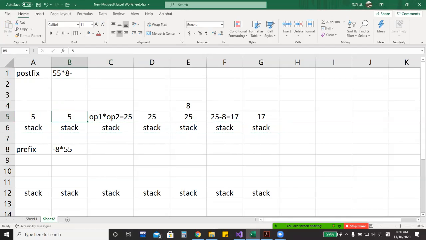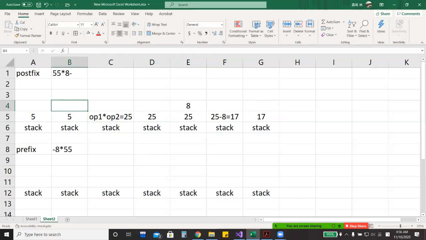Then we take the second top value as OP2. So right now OP1 and OP2 are both 5, and then they do the calculation with the operator, which is multiplication. So 5 times 5 is 25. This 25 will be pushed into the stack again.